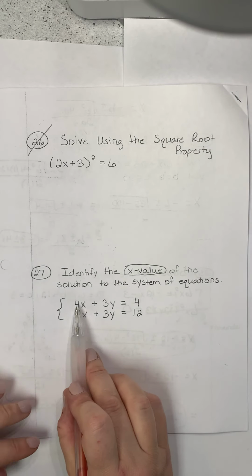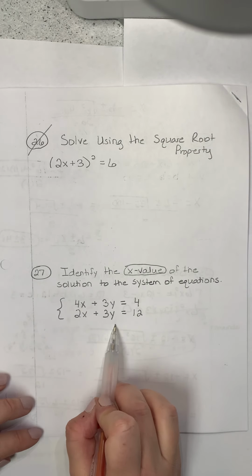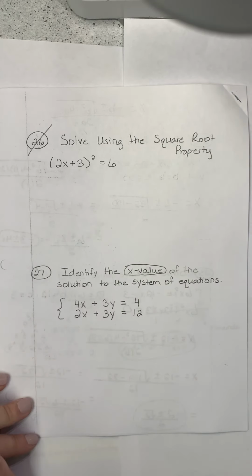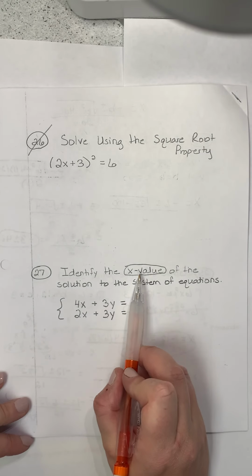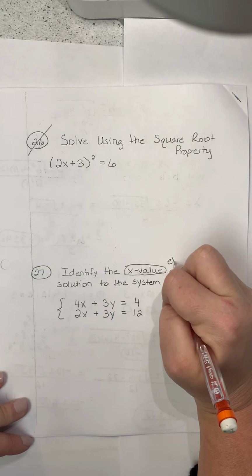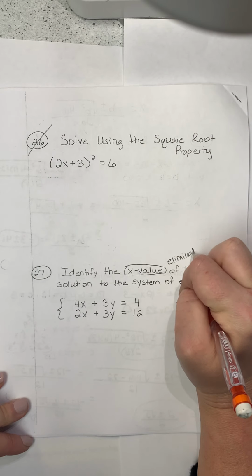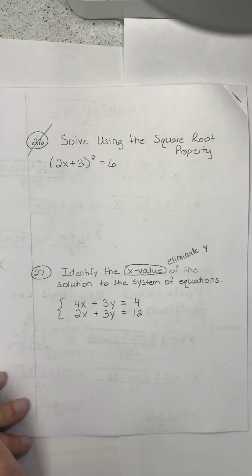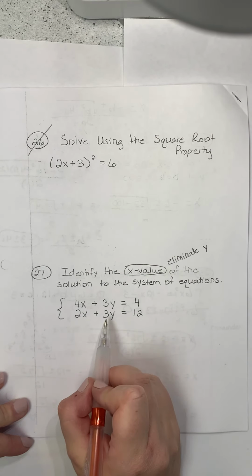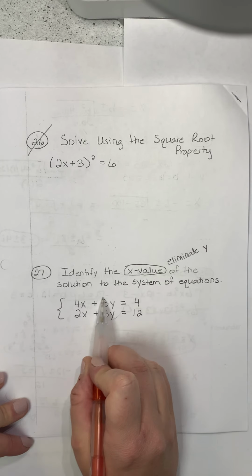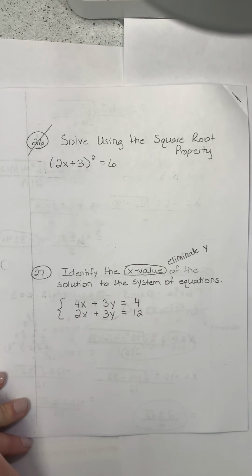Now, the way yours are going to be set up, your y values are going to be exactly the same. Now, you could use substitution if you want to, but it's going to be a lot more work. If I were you, because this wants an x value, I would eliminate y. That's what I would do. So all I have to do to eliminate y is to make one of these negative.